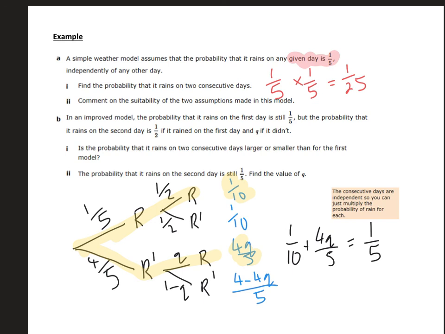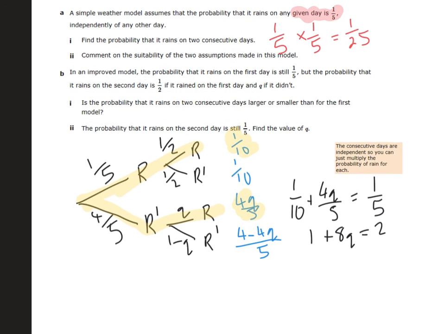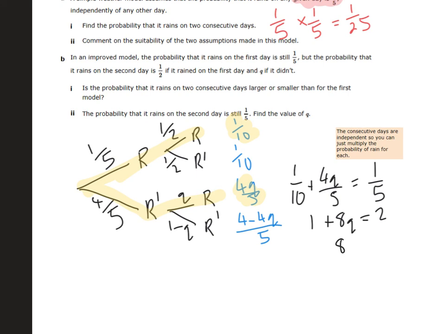Now, if I times all that by 10 to get rid of the fractions, I get 1 plus 8Q equals 2. So 8Q must equal 1. So Q is 1/8.